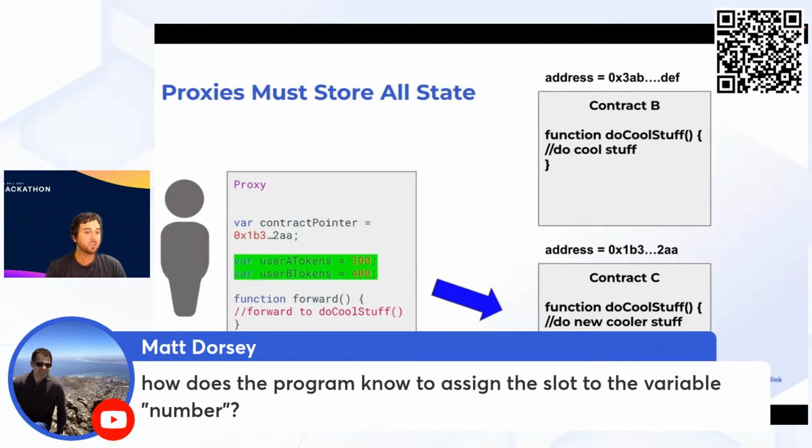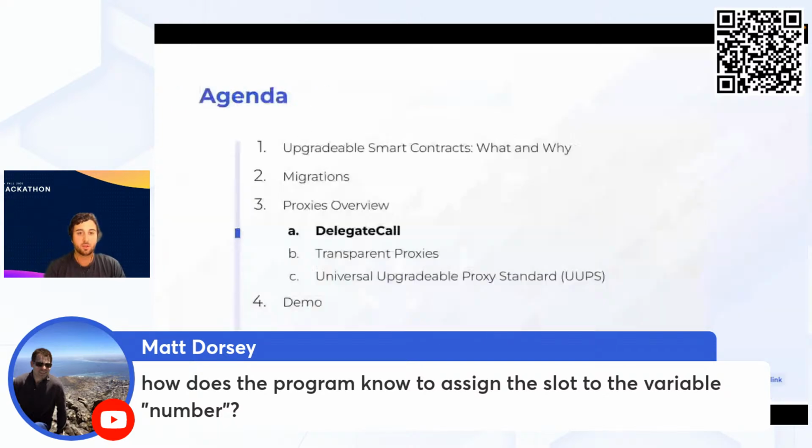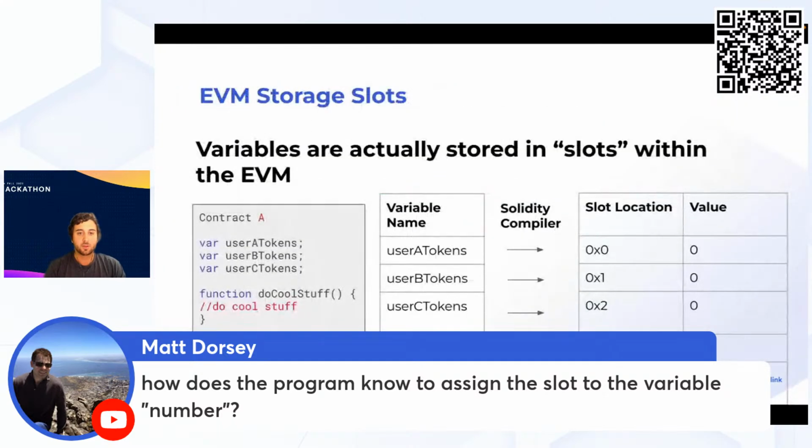How does the program know to assign a slot to the variable number? So let's bring up the slide there with the slots.